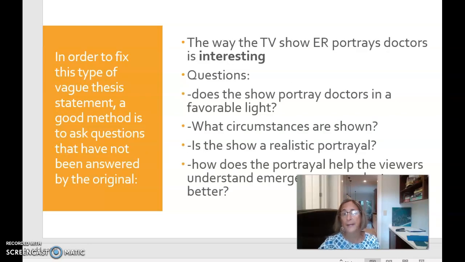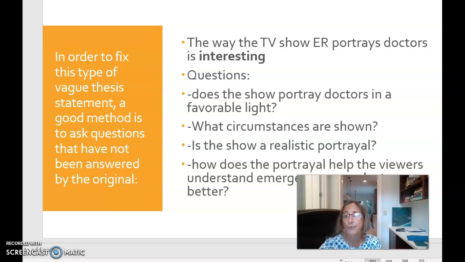But here we go again. Could the topic of the portrayal of doctors in ER be worthy of exploration? Sure. And the best way to go about trying to figure out how to narrow focus and provide a quality thesis statement that's worth developing is to ask questions. Some of the questions could be the following.